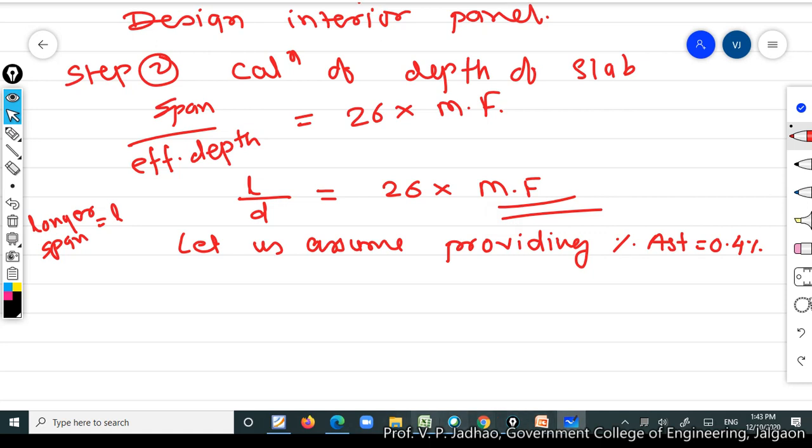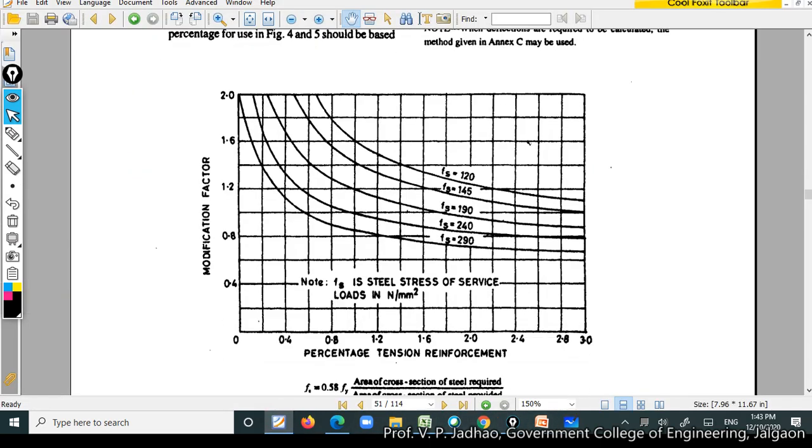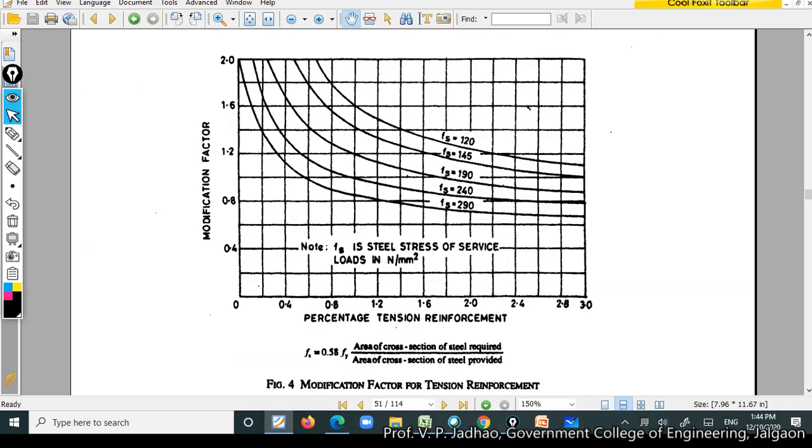Now if you see this figure, we have here modification factors. These are given along the y-axis, whereas percentage tension reinforcement is given along the x-axis. Now these graphs are given for different steel.